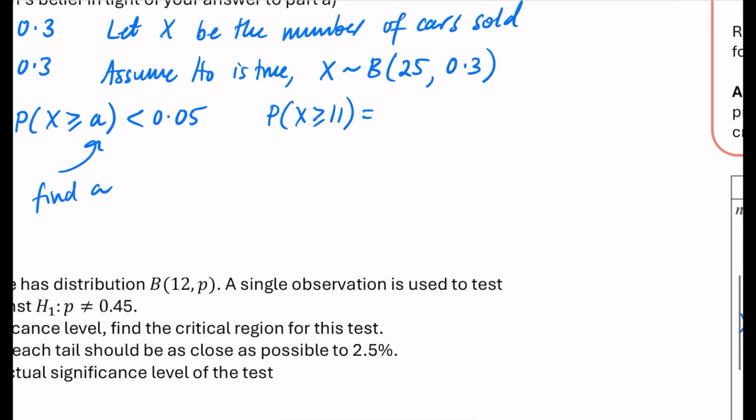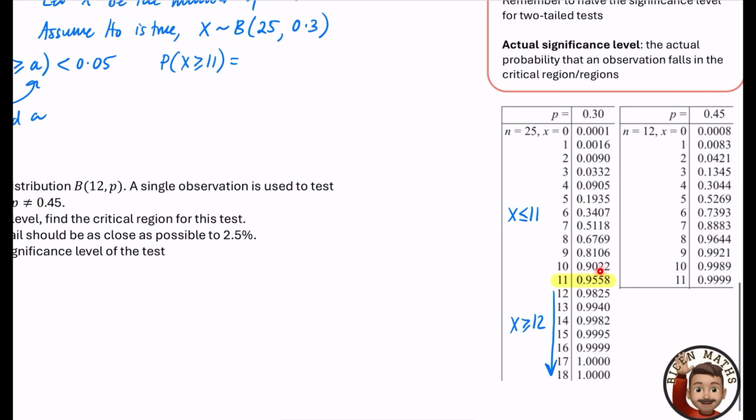Probability that x is greater than or equal to 11 would be 1 minus 0.9022, or you can just find it from your calculator, which is 0.0978. The probability that x is greater than or equal to 12, we know that that one is going to be our first one that's going to be less than 0.05.